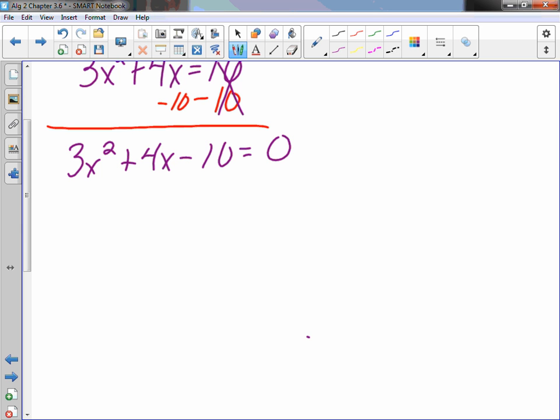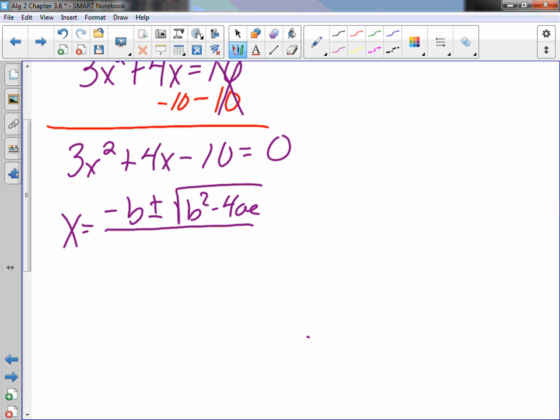Now we're going to plug in for a, b, and c, because our formula again is x is equal to negative b plus or minus the square root of b squared minus 4ac all over 2a. We're going to have negative b, so that would be negative what?